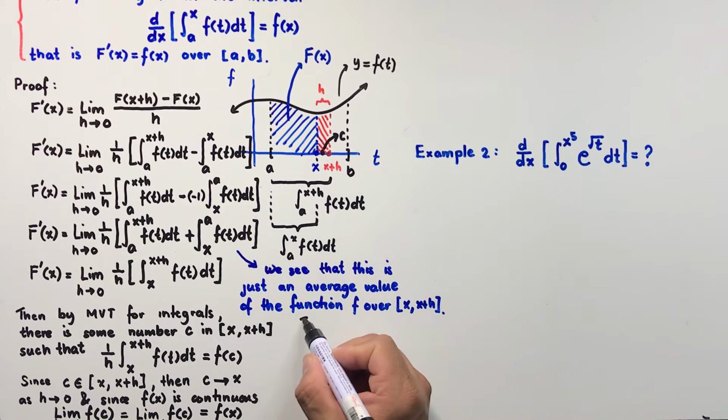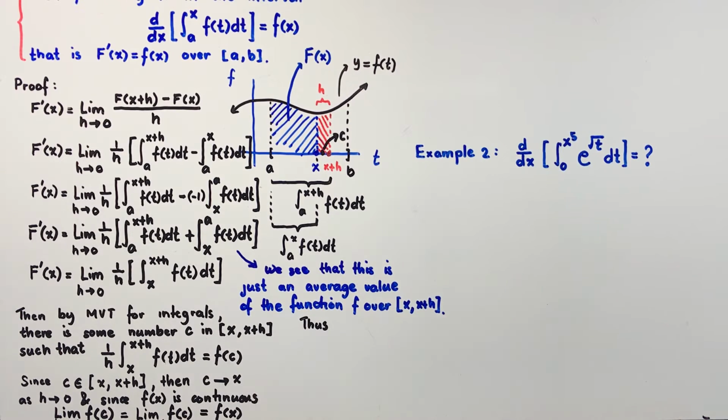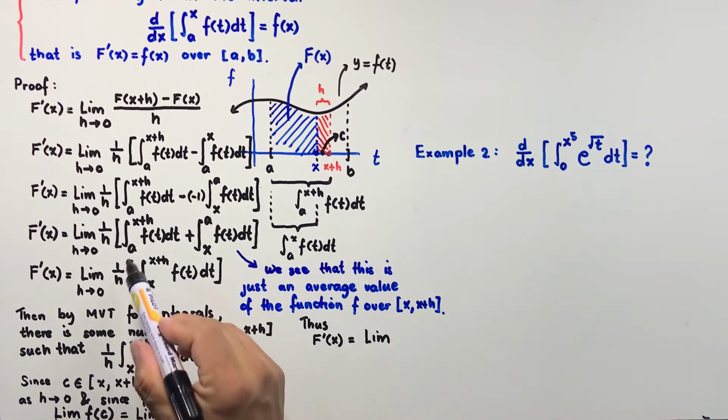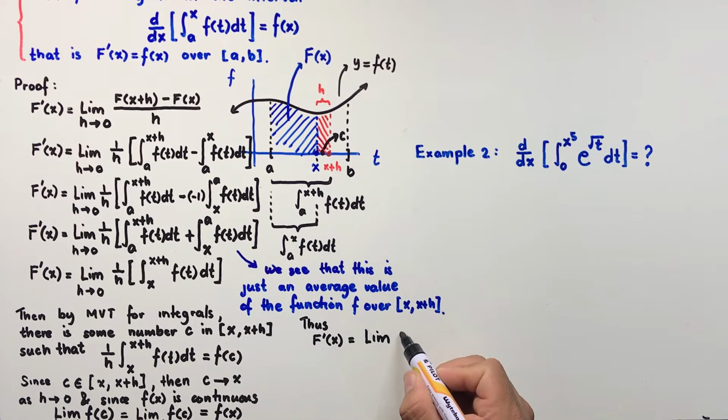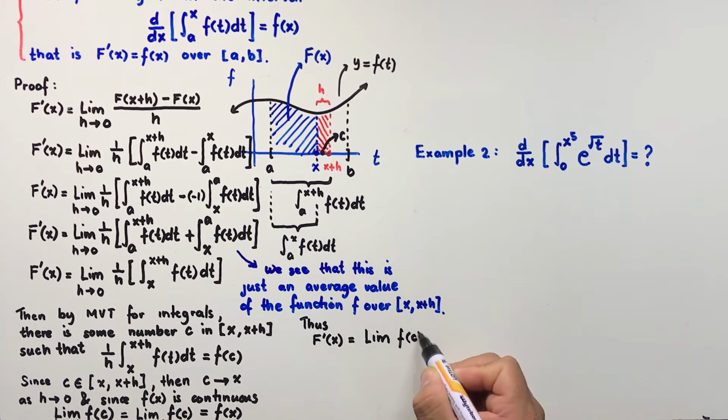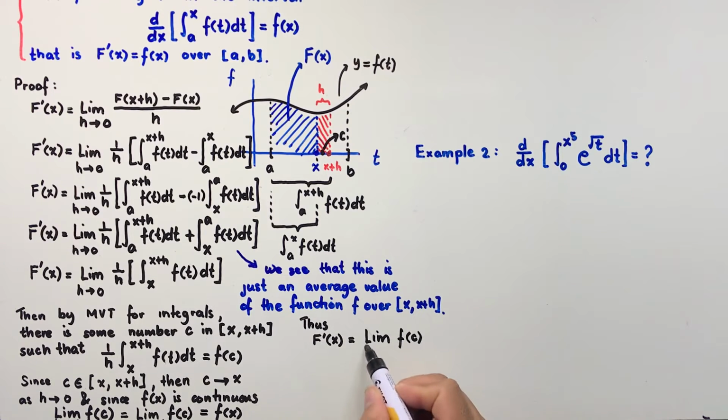Thus, substituting this to our previous equation, we have the derivative of our big F of x equal to the limit of 1 over h of this integral. We will write the limit of f of c here as h approaches 0.